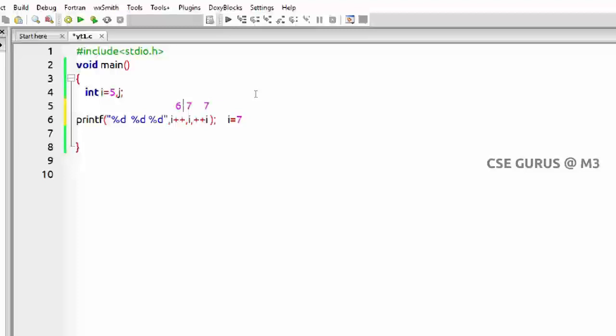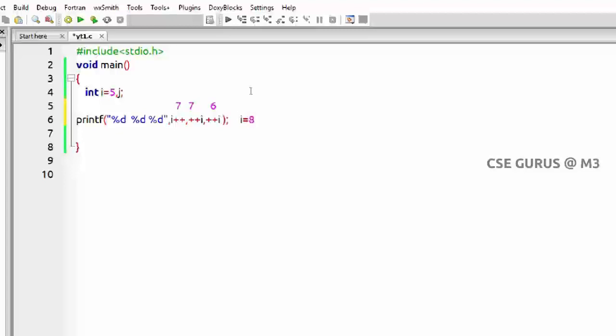Same thing happens for online GDB also, and right now I am using Code::Blocks. Here also it takes the same thing, right? You can even check it out for another example. What if I have plus plus I? Initially it is 5, plus plus, it is 6. Now 6 plus plus, 7, and of course here 7 only, but the I value will become 8, right?